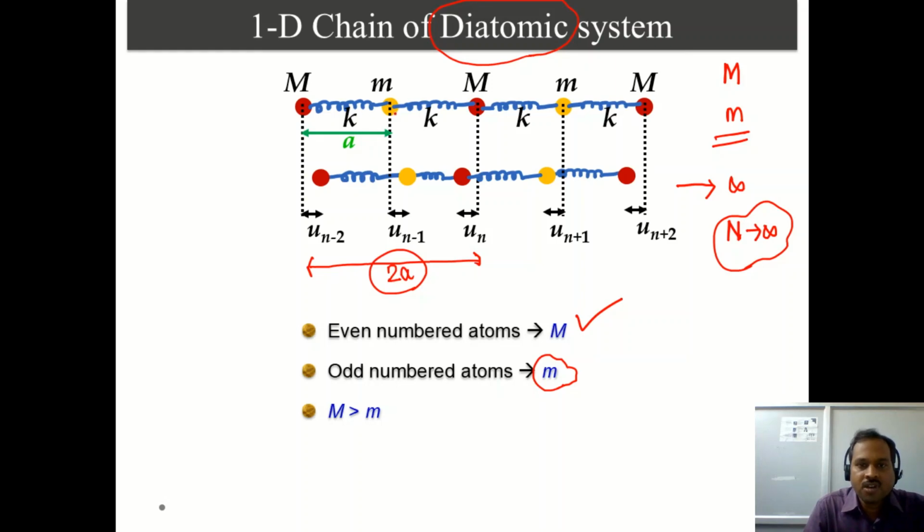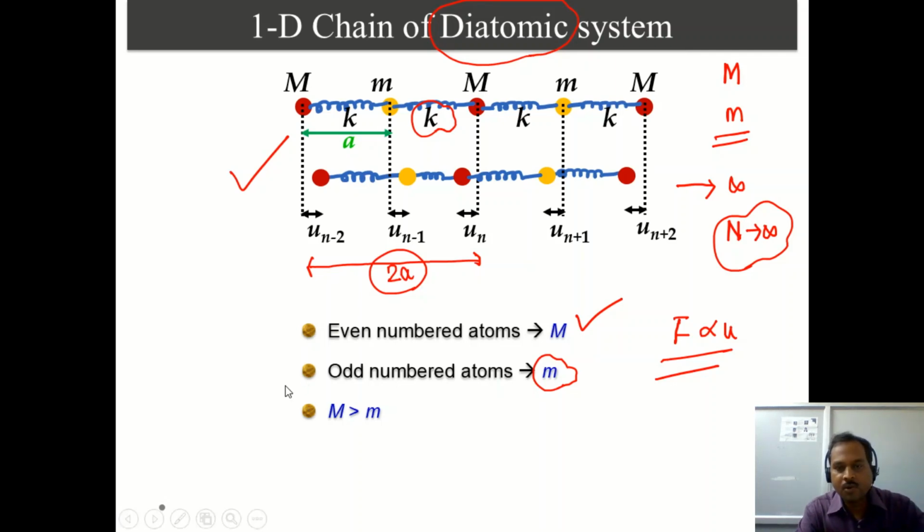The spring constant for both remains the same, it is the small k. We are discussing the problem under the elastic limit, for which Hooke's law is obeyed. That means the elastic force is proportional to the displacement from the mean position. Now with this schematic, let us try to solve the problem.